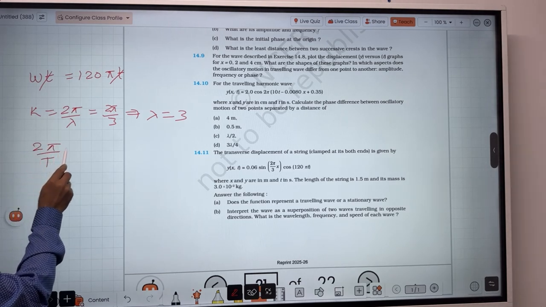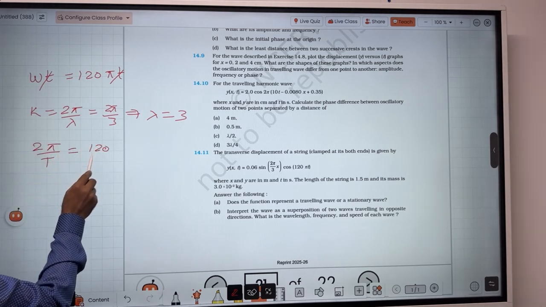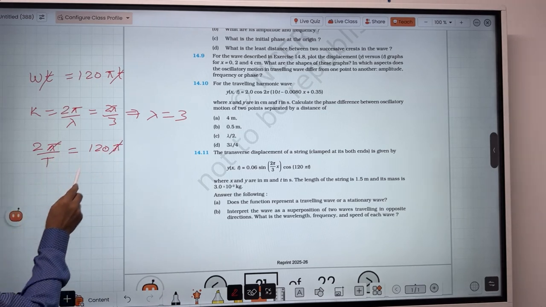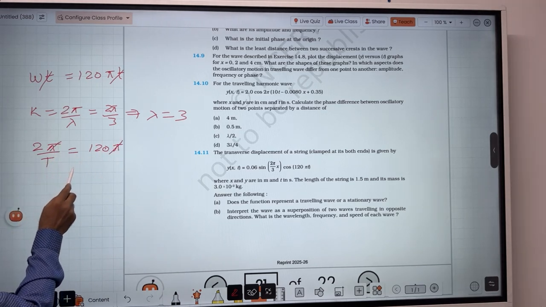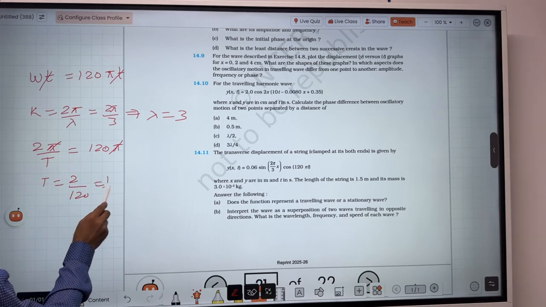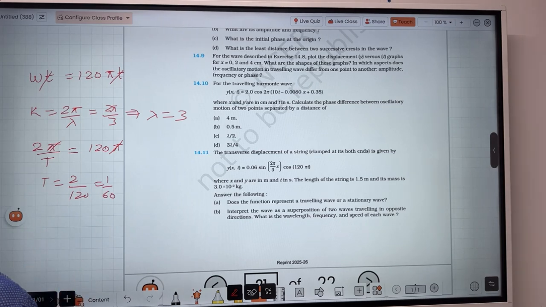So 2 pi by T will give 120 pi, right? So pi will cancel out, so we can get time period. So T will be 2 divided by 120, 1 by 60 second, and then we can determine frequency. So frequency is 60 hertz. Up to here I think there is no problem.